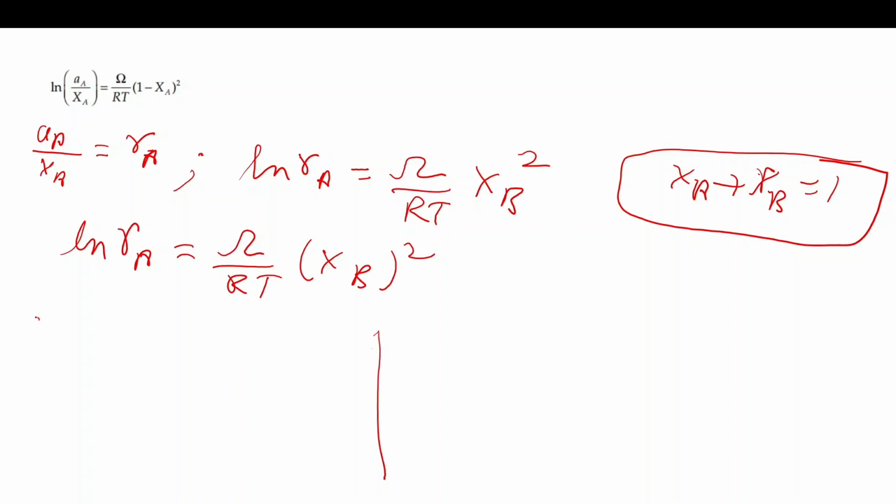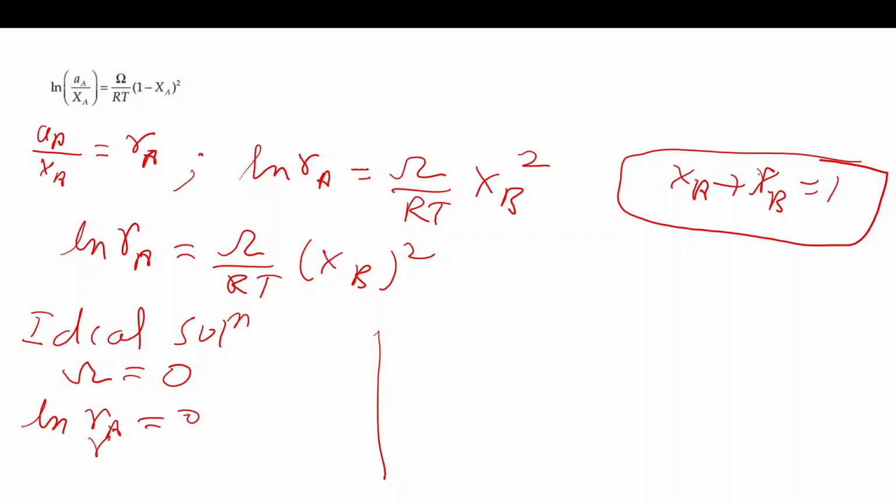Now for an ideal solution, we have delta H mix equal to 0, which means omega is equal to 0. If we put omega equal to 0 in the above equation, we get ln gamma A equal to 0. So here gamma A should be equal to 1.